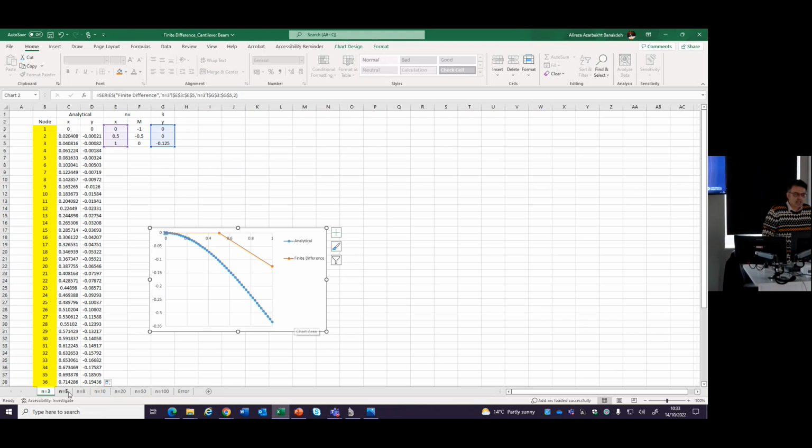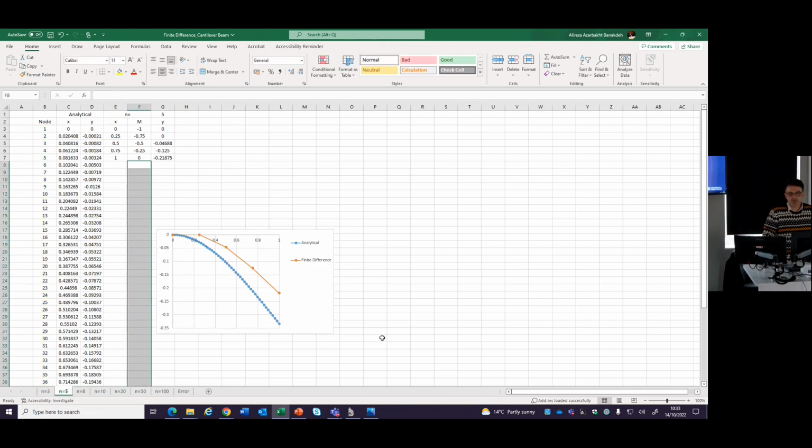So if I increase the n by 5, everything is similar. I just completed this based on 7 points. Okay? I just reconstructed this part. So with 7 points, it's getting better. Still, they are different.